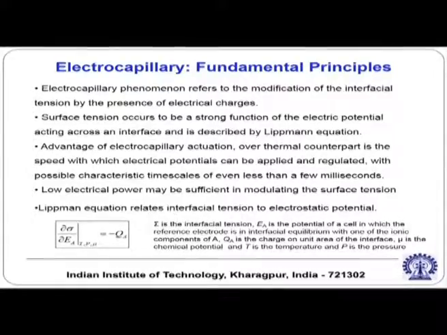We will discuss chemical potential, electrochemical potential, all these things in detail when we discuss electrokinetics. This is just a definition that we are talking about. T is the temperature and P is the pressure.